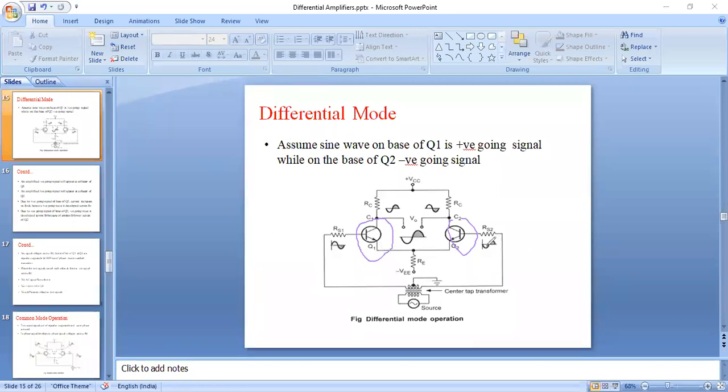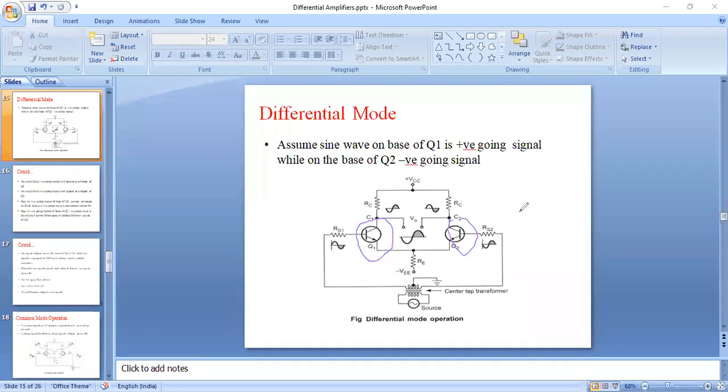Similarly, if you apply a negative input to the base of Q2, the current flowing through the emitter of Q2 is negative. Because if you apply positive input to the base of Q1, you get positive current flowing through the emitter due to emitter follower action.